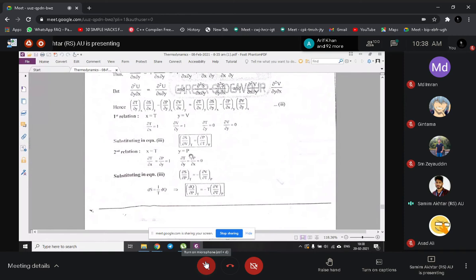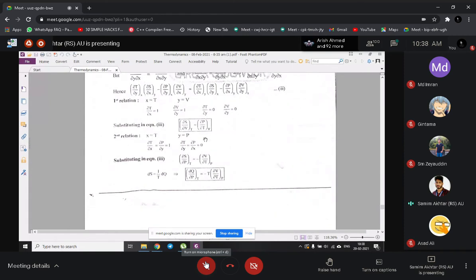So there is a fourth Maxwell relation, that is delta S by delta V at a constant temperature equal to delta P by delta T at a constant volume. That means at constant temperature, the change of entropy with unit volume equals the change of pressure with unit temperature at constant volume.